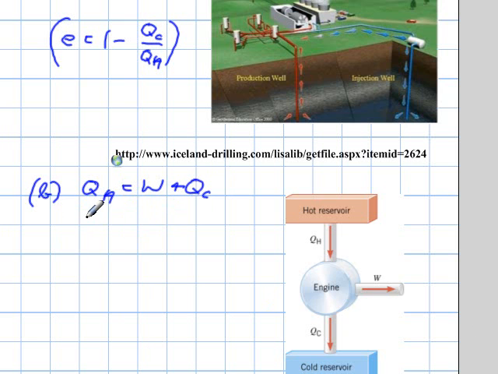So QH is the same as work divided by efficiency. So when I substitute that in here, work divided by efficiency, which I, by the way, just calculated, then I come up with this one, work plus QC. Okay, and then the only unknown that I have is QC, so it's going to be QC equals work divided by that efficiency minus the work.